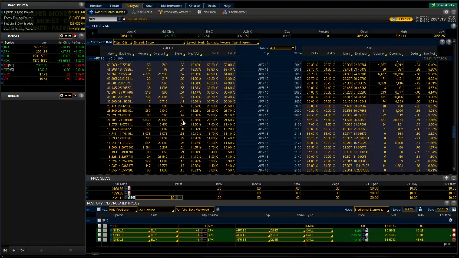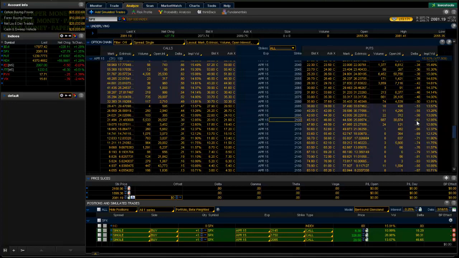So as you'll see this one right here, at the same strike price, this delta has a plus 0.39. Pardon me, this has a negative 0.61. So you'll see that the two of those add up to anywhere from 0 to 1.